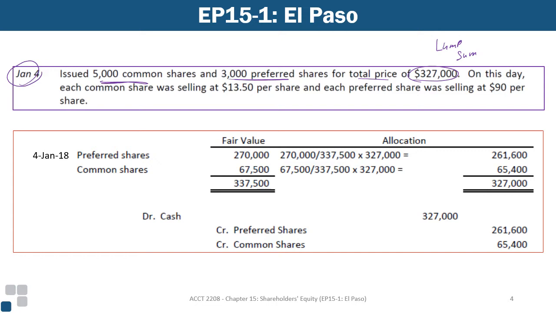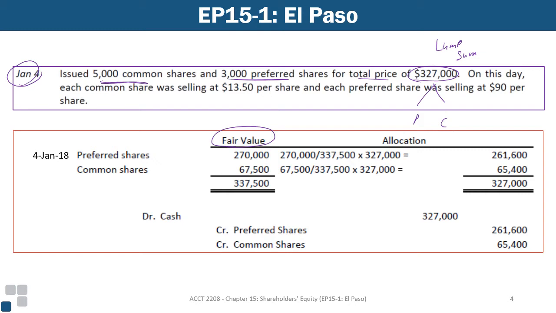This is not unlike the purchase of, let's say, land and a building for a single amount when the land and the building each have separate fair values. So what we must do in this case is figure out how much of this 327,000 is allocated to the preferred and how much to the common shares. To do that, we have to base it on the allocation based on their fair value.